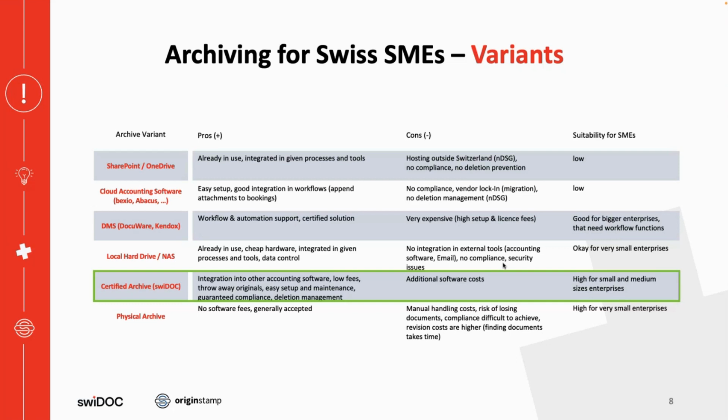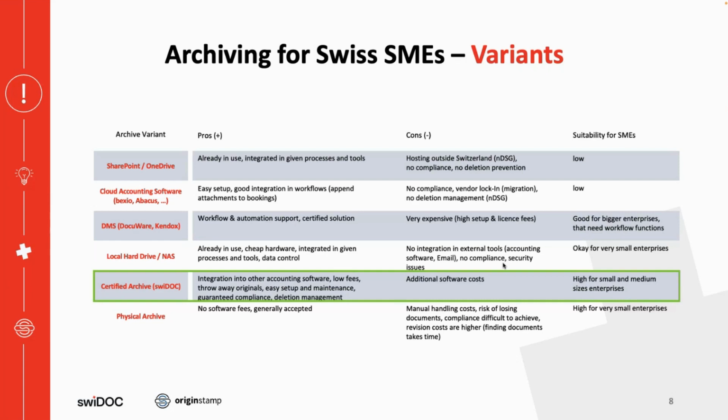Next up, we have document management systems. Like DocuWare and CanDocs, many accounting softwares partner up with DMS systems, but there you have the problem that it offers functionality that often is not even used by small enterprises.